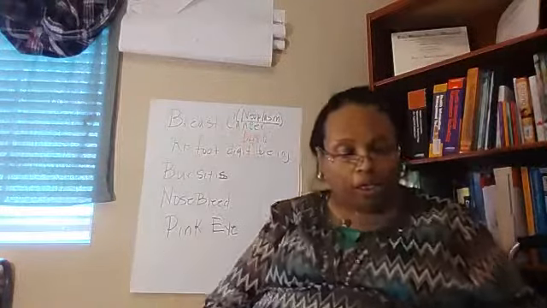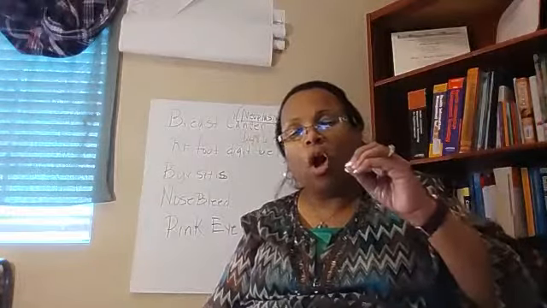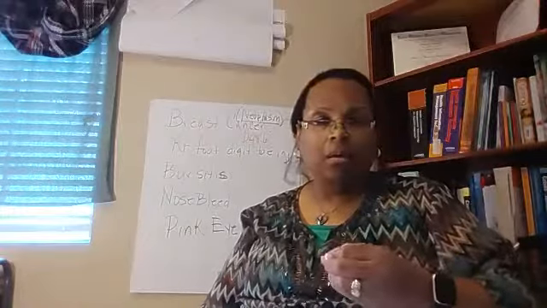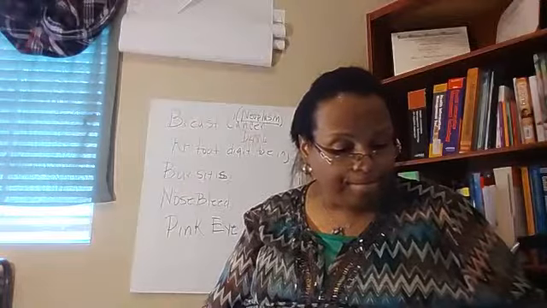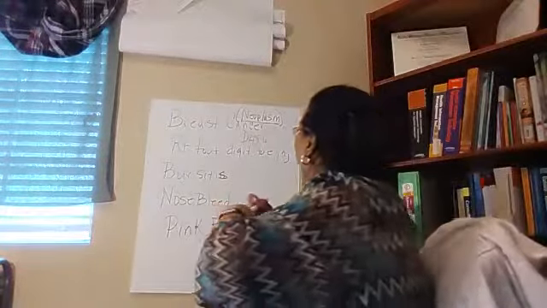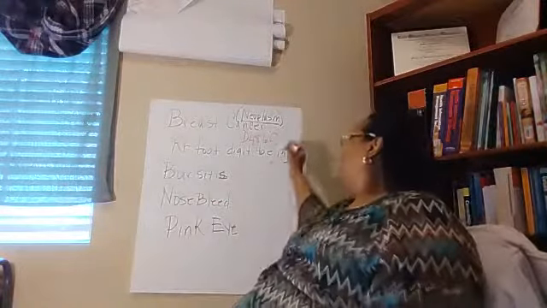Okay. So what is your best specified code? What is the code that speaks to the best specificity of that diagnosis? It will be D48.60, neoplasm of uncertain behavior of unspecified breast.